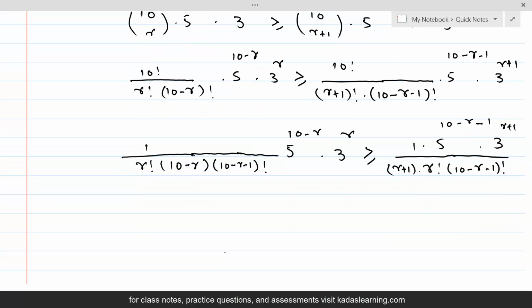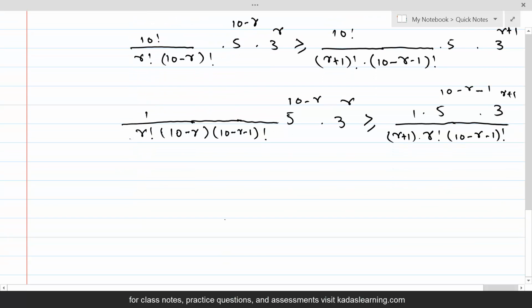So here we can see that this r factorial is cancelled with this r factorial. This 10 minus r minus 1 factorial gets cancelled with 10 minus r minus 1 factorial.